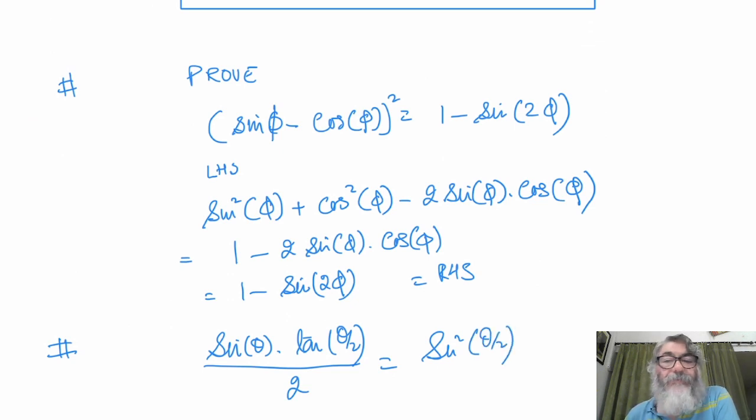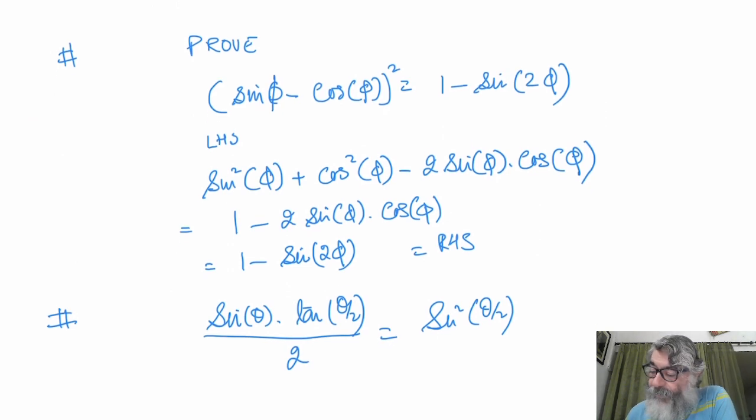The same thing, left hand side has to be proven equal to right hand side. So start from left hand side. As I said, whatever is the more complicated side, sometimes it happens that you start from left hand side and achieve right hand side. Sometimes you start from right and achieve the left. Sometimes it happens that you solve both left as well as right and you achieve the same thing.